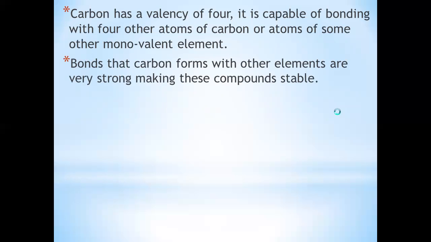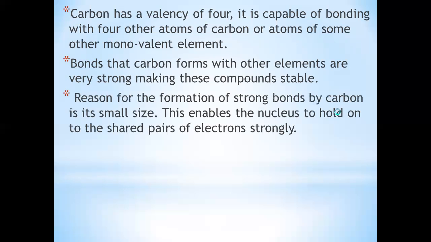Now, the bonds that carbon forms with other elements are very strong. If the bonds are very strong, it means the compounds are very stable. The reason for the formation of strong bonds by carbon is its small size. It means the nucleus holds the shared pair of electrons strongly.